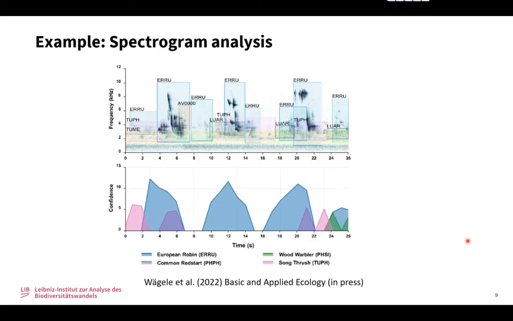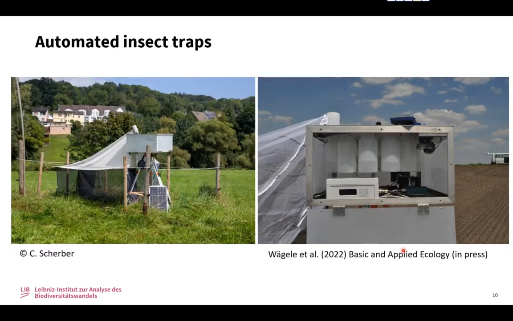This is an example of what can be done. In acoustic detection, you do a spectrogram analysis, and you can find out about different bird species that are calling over a given period of time in a sample. You can find more details about this in this paper by Wolfgang Wägele et al. in Basic and Applied Ecology.